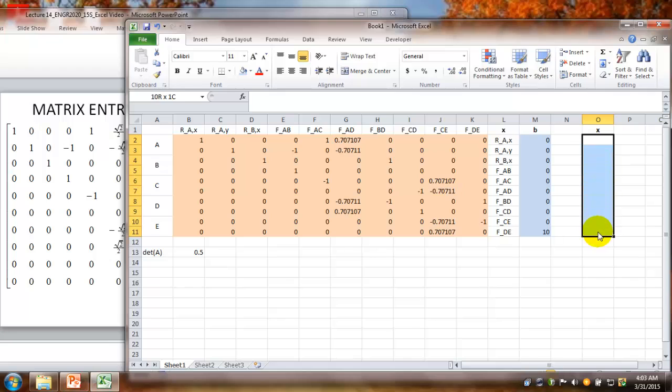So first and foremost, select the entire array that I have to populate. So we say MMULT, which returns the matrix product of two arrays, an array with the same number of rows as array 1 and columns as array 2.